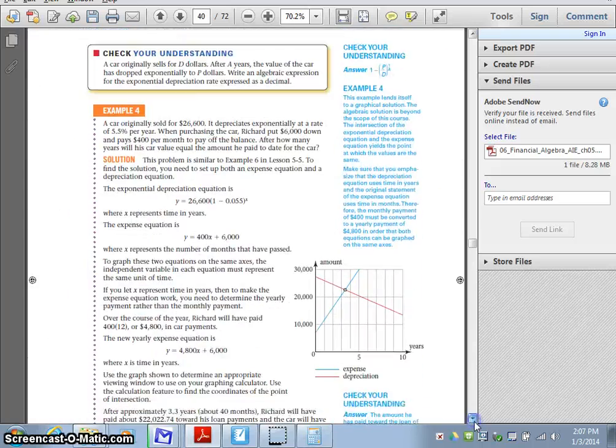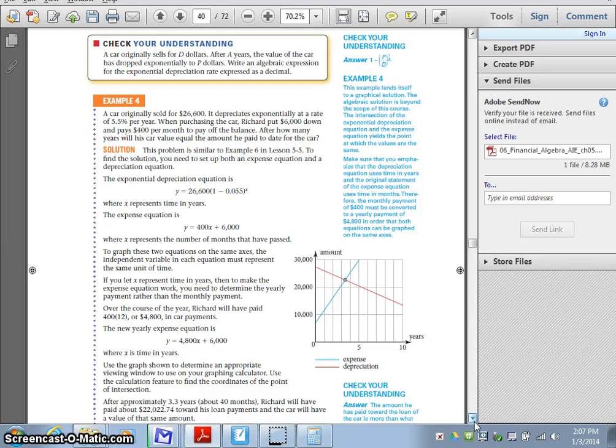So for example 4, you can see in the graph here the point where you see this circle, where the pointer actually is, that is where the car is worth the same amount as what is owed on it. If you scroll down here just a little bit, we're going to finish this example.